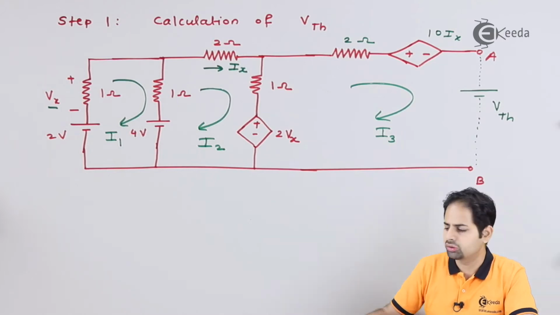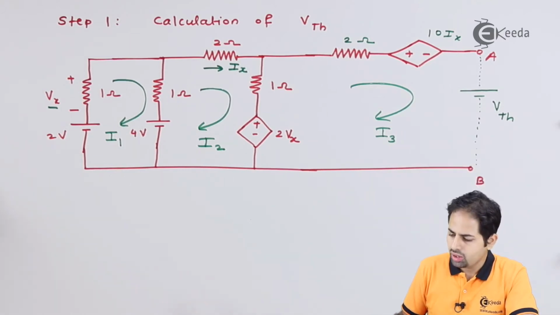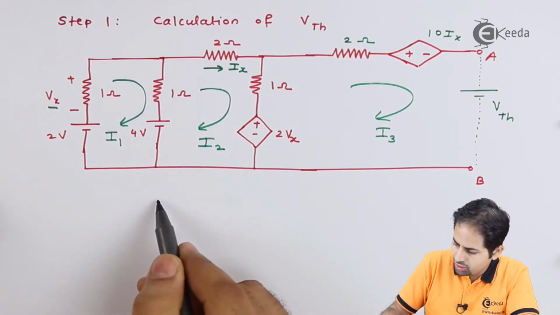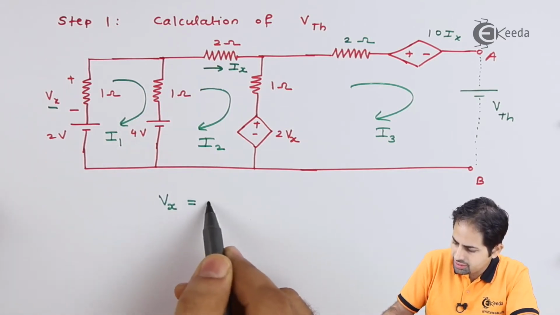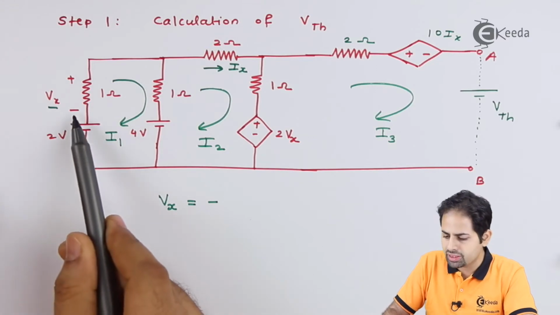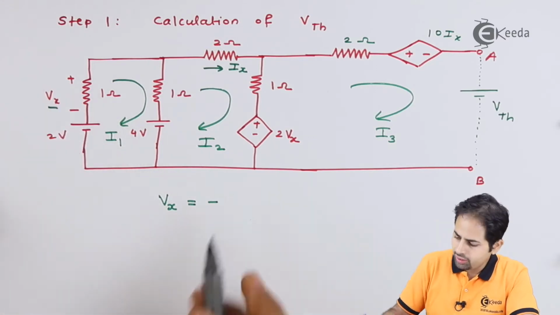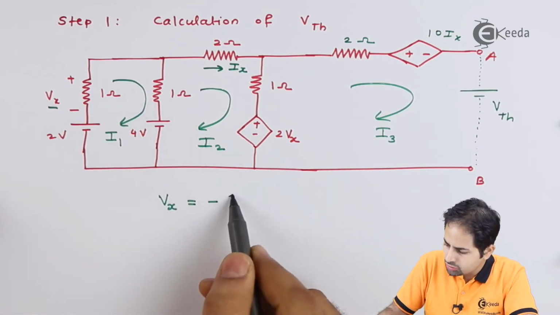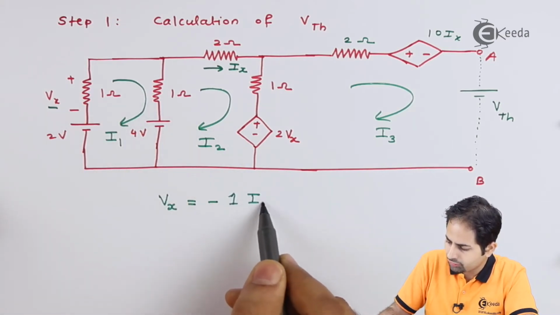That is definitely 0 because this is open circuit. So here, if you consider this loop 1, you can surely write Vx equal to minus, because it is minus plus given. Then voltage is equal to resistance times current. Resistance is 1 ohm. So 1 into I1.